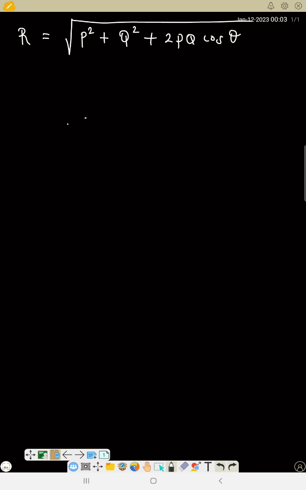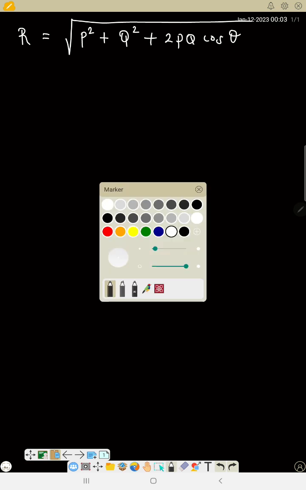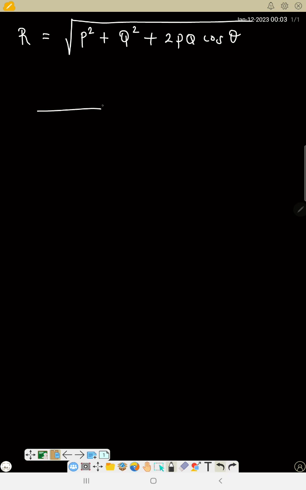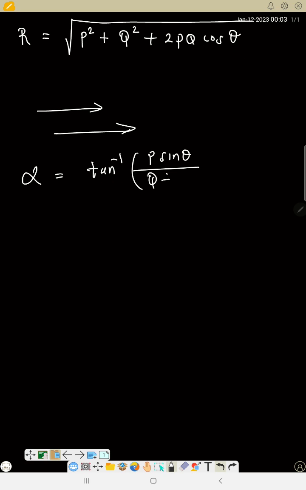Before case 2, we need to know the angle which the resultant makes in that case, as in the case where they are parallel and act in the same direction. So what is alpha here? The angle which the resultant makes with the horizontal. So alpha is arctan of p sine theta over q plus p cos theta, as proved before.